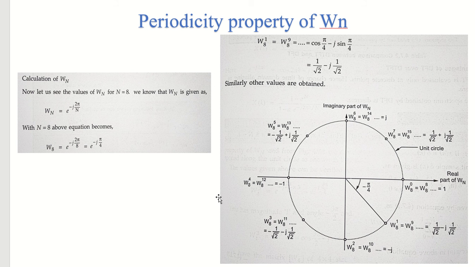You already know the angle pi by 4 is 45 degrees. So it equals 1 by root 2 minus j 1 by root 2. And you can also see the rest of the values have been plotted here as well.